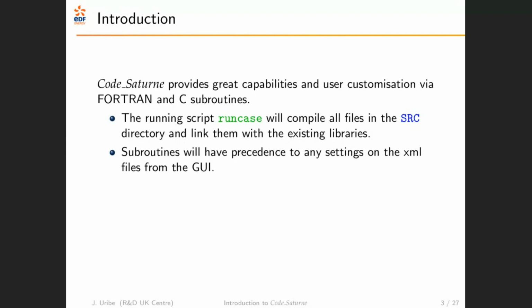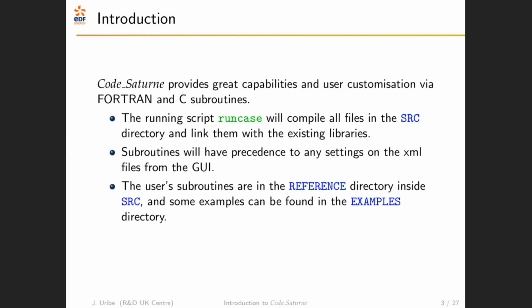So this is a specific way for Code Saturn to know where to look for subroutines. And that would override the values that you have in the graphical interface. And you'll see that in your SRC directory, there's a reference and an examples directory.